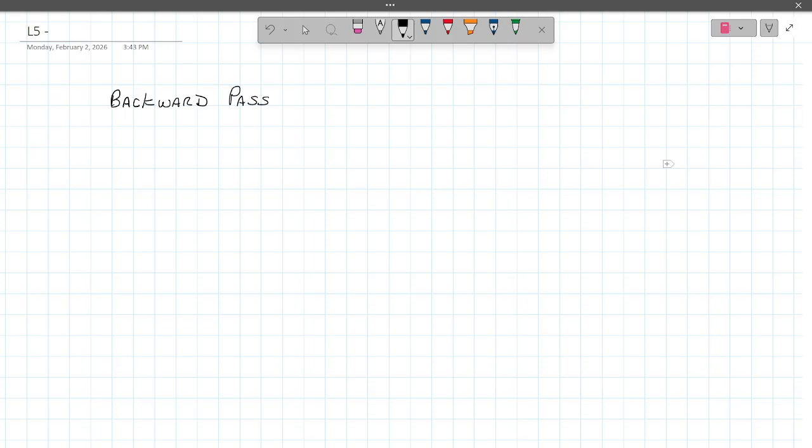It's kind of like forward pass, but it's actually working backwards. So we're going to work all the time backwards from the last node all the way to the first node.